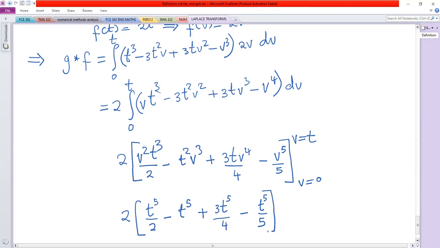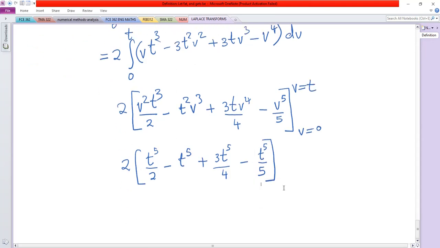The lower limit is 0, so minus 0 remains the same thing. So it's 1 over 2 minus 1 plus 3 over 4, and then minus 1 over 5, then t power 5.